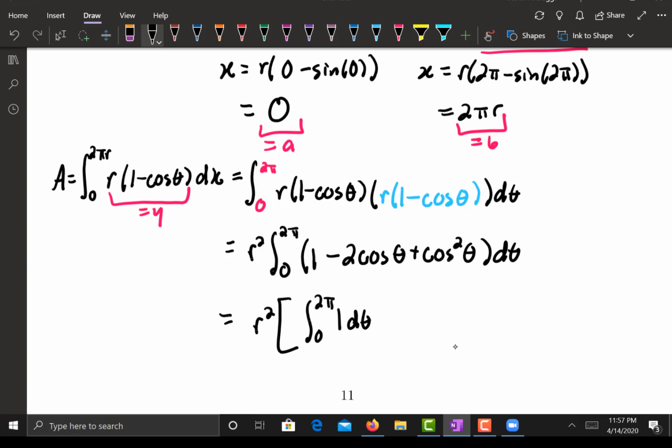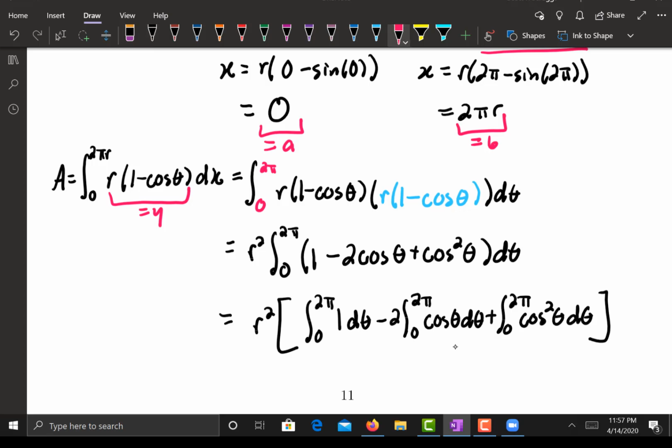So 1 d theta minus 2 times the integral from 0 to 2 pi of cosine of theta d theta plus the integral from 0 to 2 pi of cosine squared of theta d theta. Two of these three integrals are pretty easy to calculate.